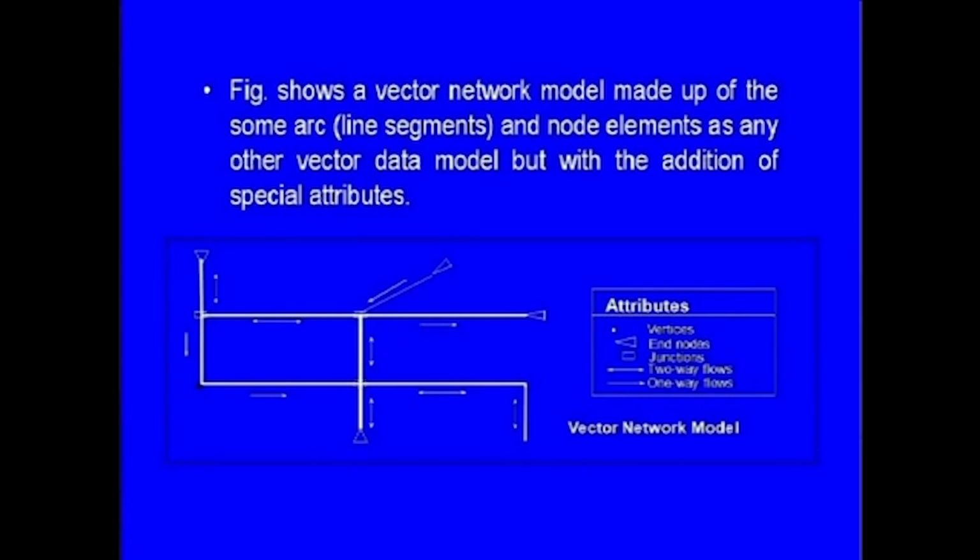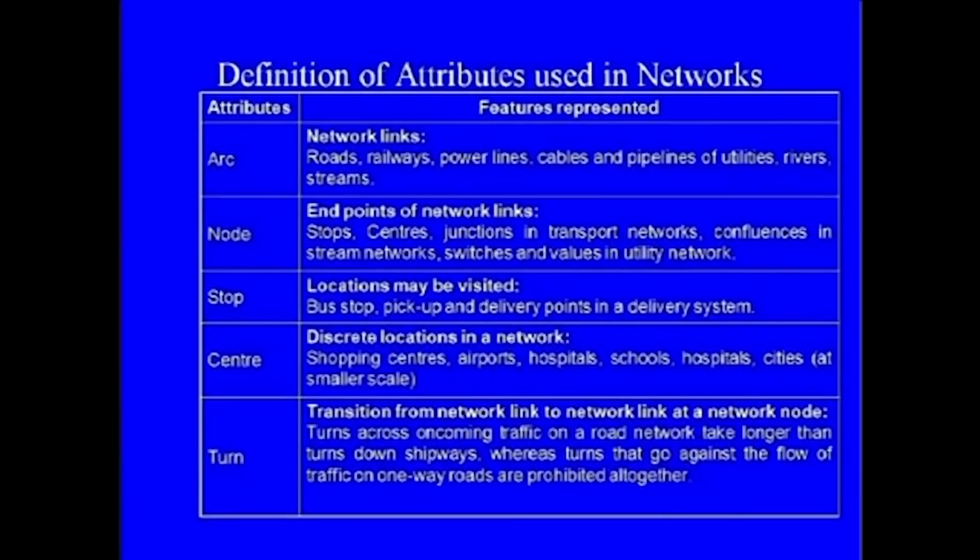The arrowheads show the end nodes and dots represent the vertices. So, let us look at the definition of attributes used in networks. Arc provides the network link for features such as roads, railways, power lines, cables and pipelines of utilities, rivers and streams.